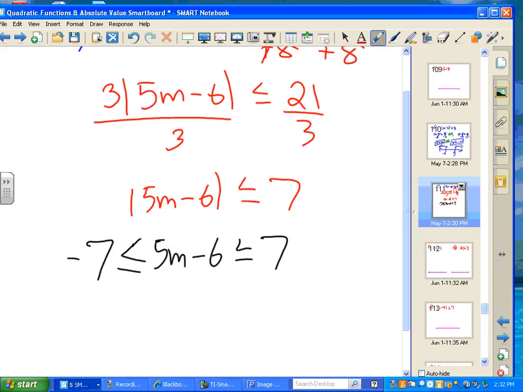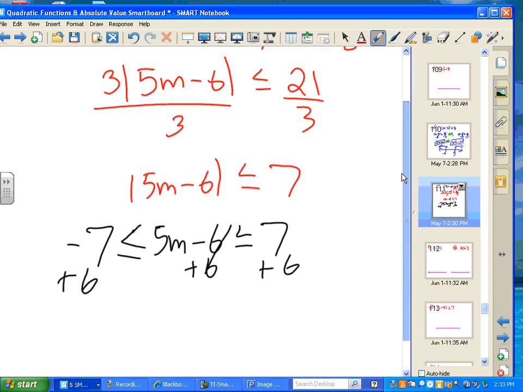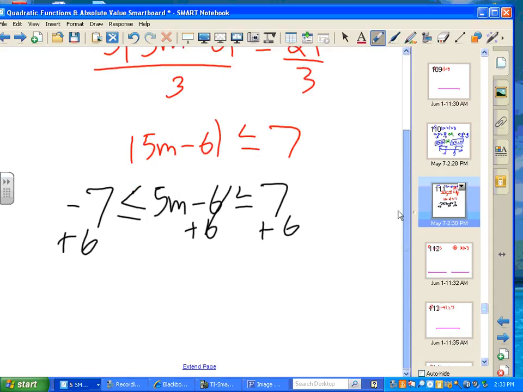Are you guys confused? Okay. So we need to solve this. How do we solve something like that? You guys remember? How do we get m all by itself in the middle, Brianna? Good. So add 6 to the middle, to the left, and to the right. So let's do this one. We'll get a decimal, but that's okay. Oh, never mind.